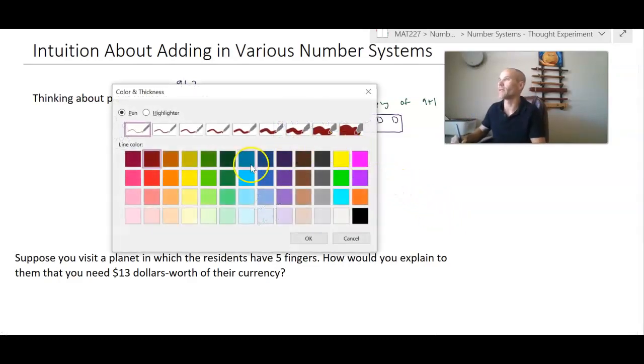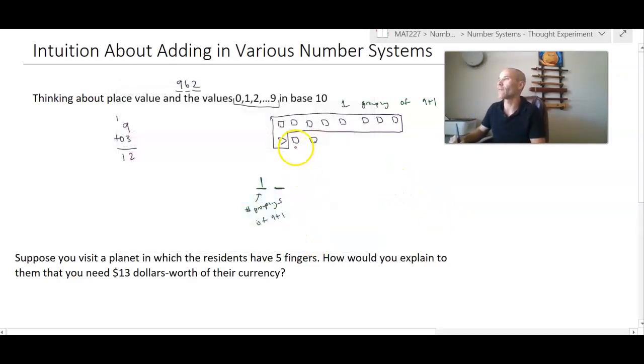I shouldn't box those in, because it's not really a grouping, but I have 2 individual units, which I can represent in the number of groupings of 1. So this is what we call the number 12, but it's really comprised of the digits 1 and 2.